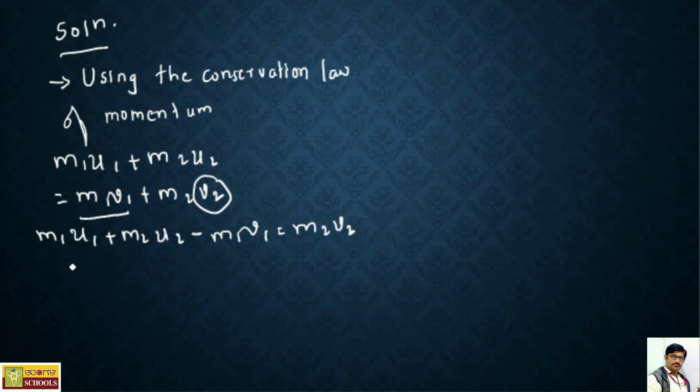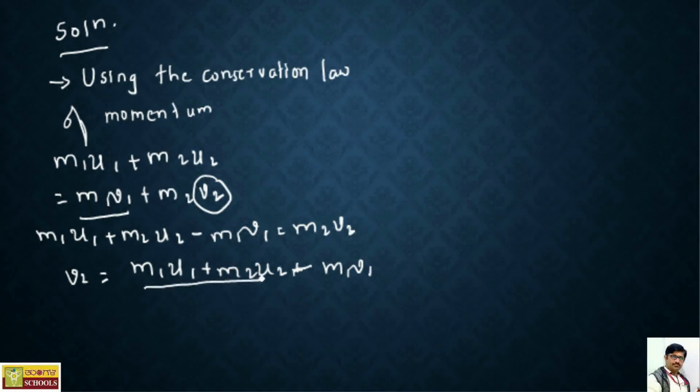So sending this m2 to the denominator of LHS, by the cross multiplication technique, I can write v2 as m1 u1 plus m2 u2 minus m1 v1 divided by m2. So this is the equation for v2.